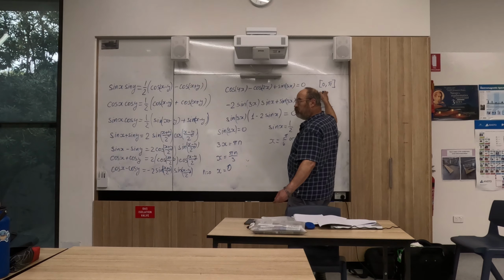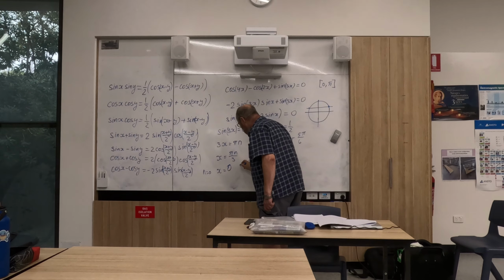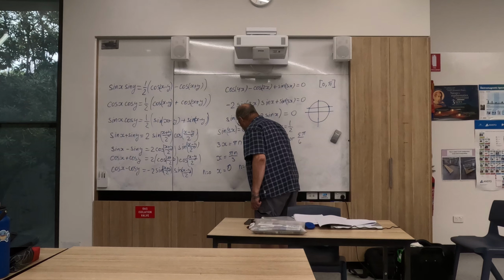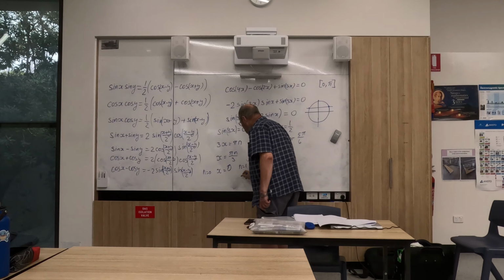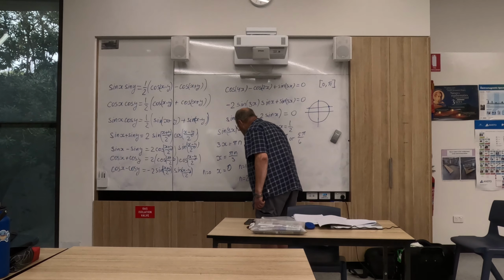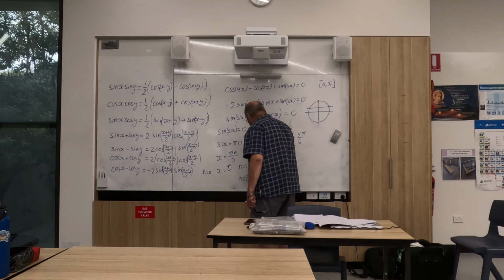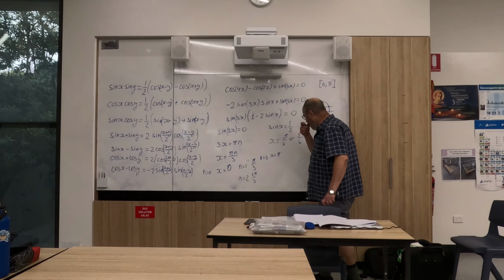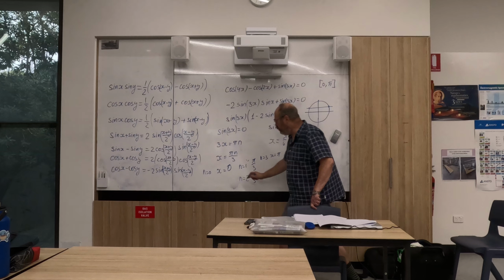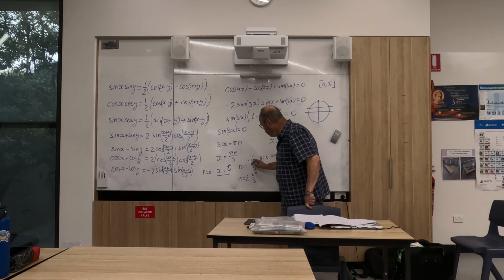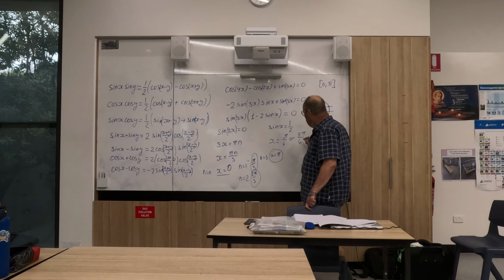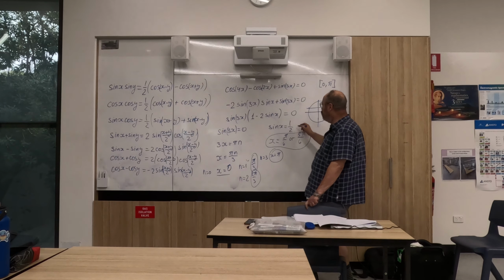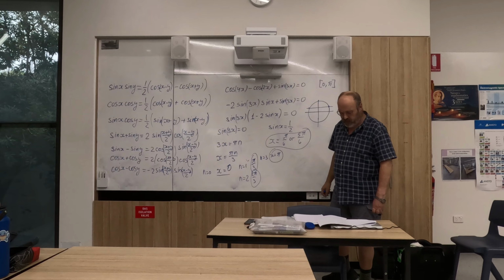In the interval, yes. n equals 1, pi on 3, in the interval. n equals 2, 2 pi on 3, still in the interval. n equals 3, x equals pi. So altogether we have 1, 2, 3, 4, 5, 6 solutions of the original equation.